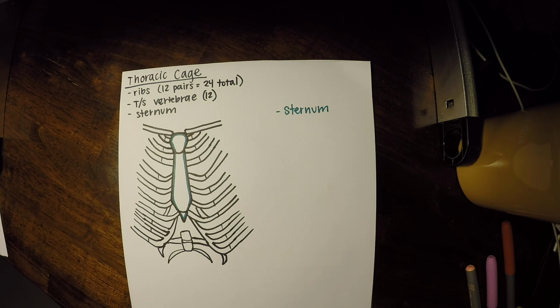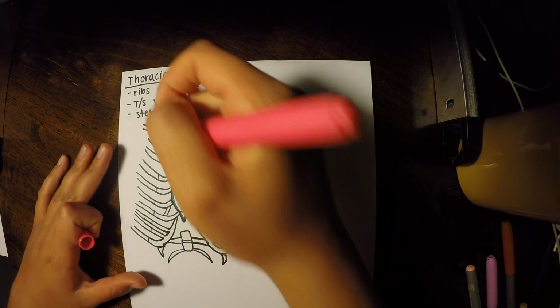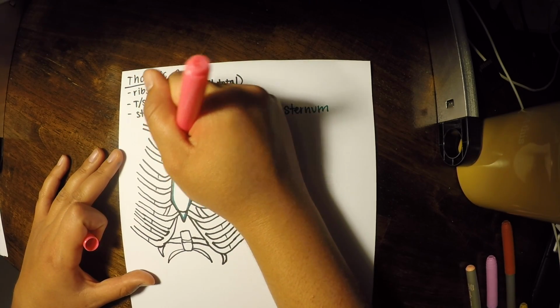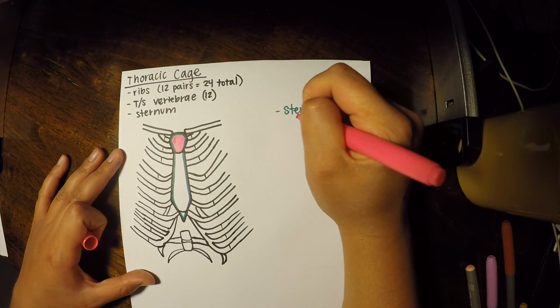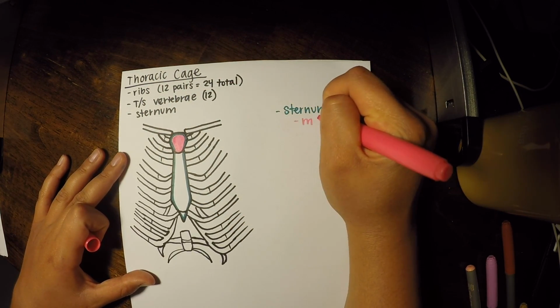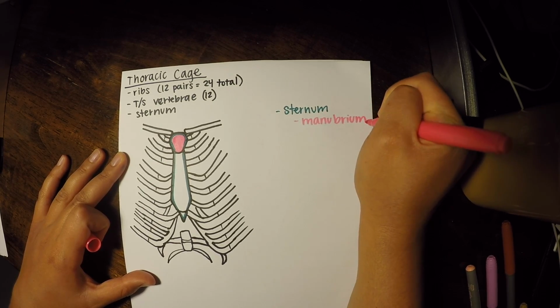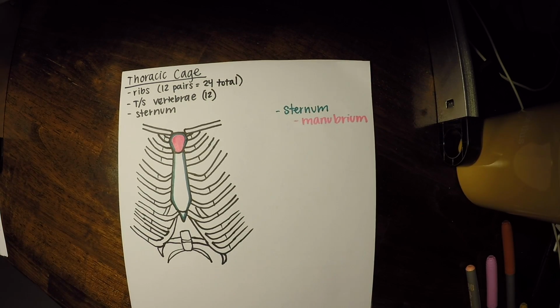Alrighty, so within the sternum, we have a few different parts. We have our manubrium, which is this top part right here. Manubrium. Then we have the body of the sternum.